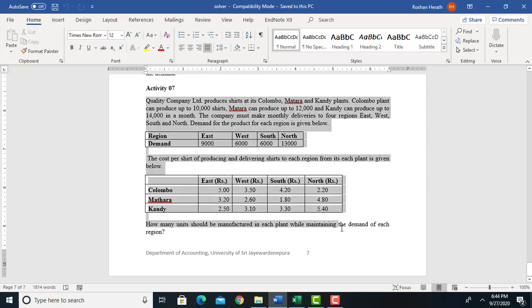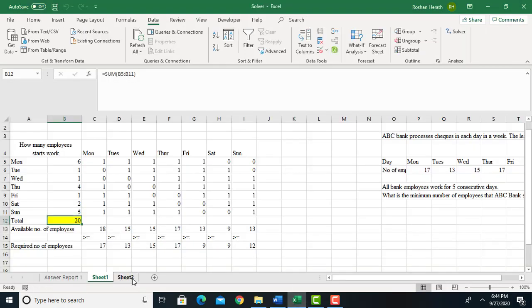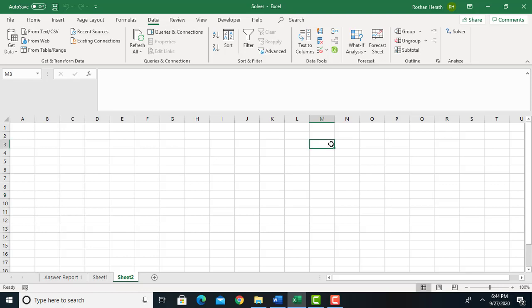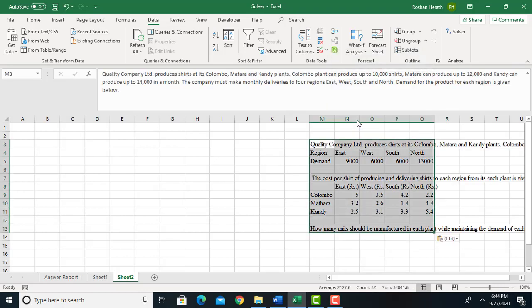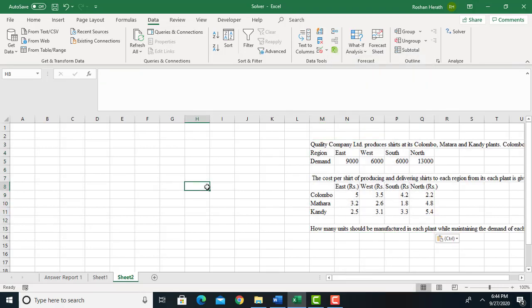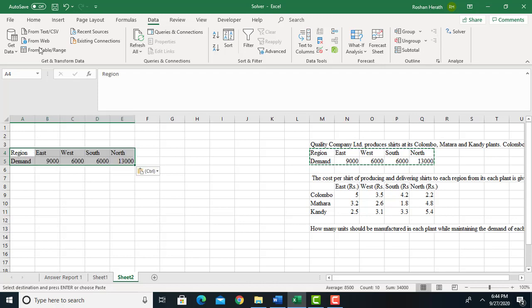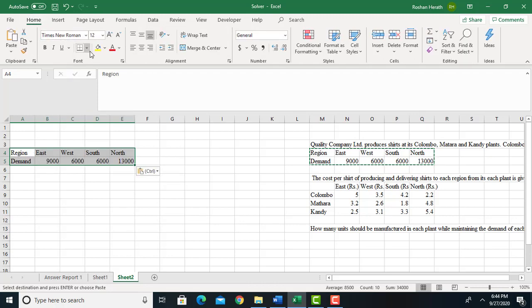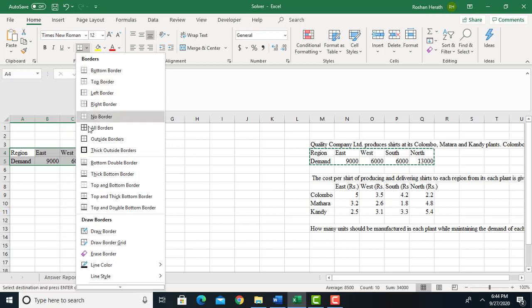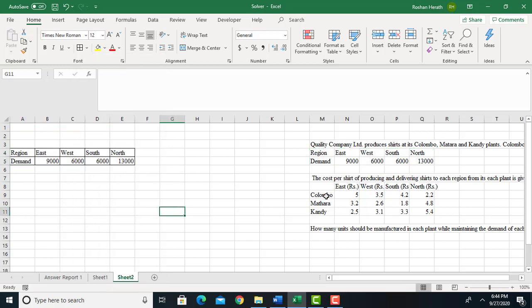So let me initially take the question to Excel and let's try things out. Again, as usual, the development of the structure is the most important thing. You can identify that the demand is given, which is an important piece of information.